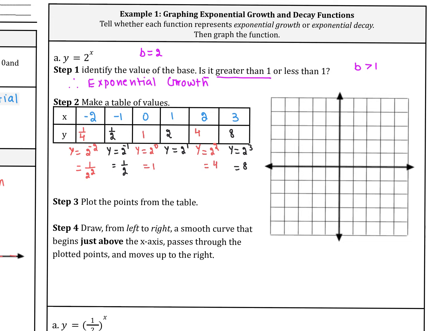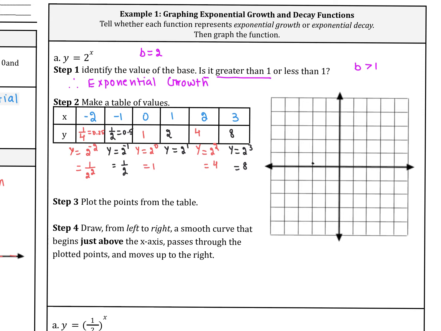To make it easier in the graph, you can make 1 over 4 be 0.25, and 1/2 means 0.5. It just gives us a little bit easier way to graph.